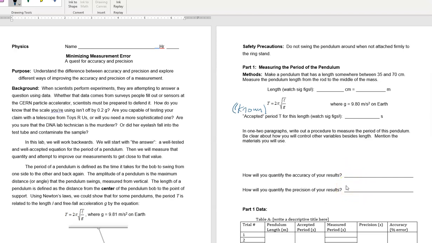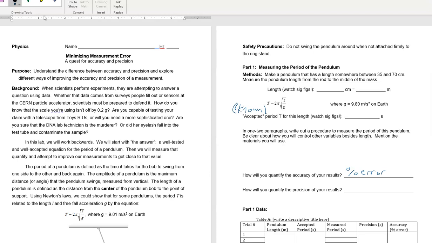When you write that procedure, you're going to need to talk about how you calculate accuracy, not the actual numbers, but how you calculated it. It's written down below in the table, but this is percent error. Technically, it's inaccuracy that we calculate when we get our percent error, but that is a way of knowing how accurate we are.